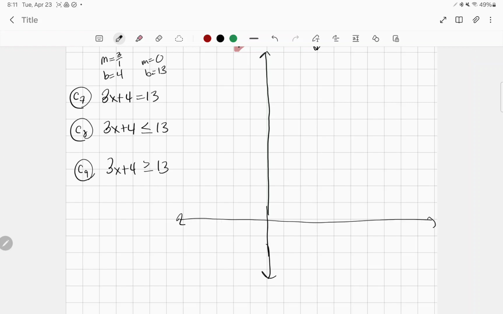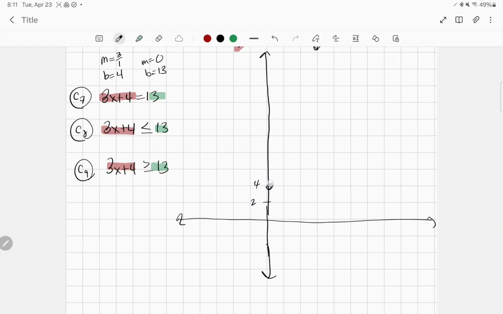Okay, so when we go through and graph these, again, we'll have the two different functions as two different colors here. But for the red function, our y-intercept is 4. So we know that we're going to have to go all the way up to y equals 13. So I'm going to go by 2's. So this will be 2, 4, and so forth.